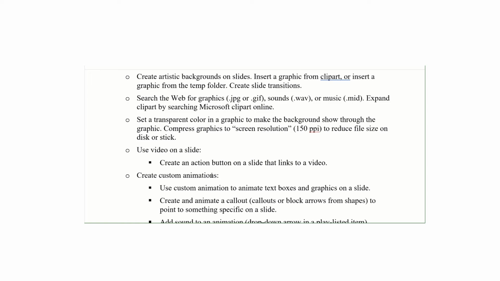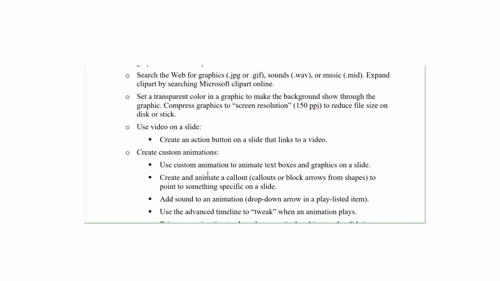We searched for graphics, we searched for sounds, and we talked about even adding music. We expanded clip art by looking at the clip art possibilities that we can now get through Bing or through Google. We looked at setting a transparent color in a graphic.